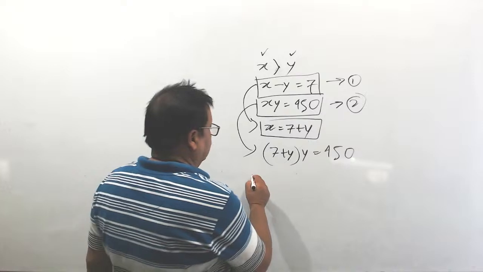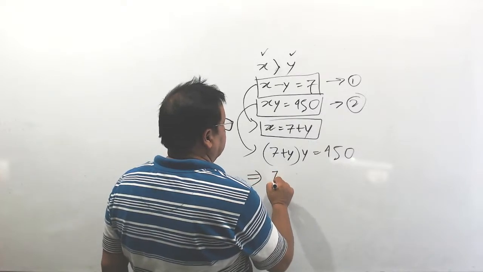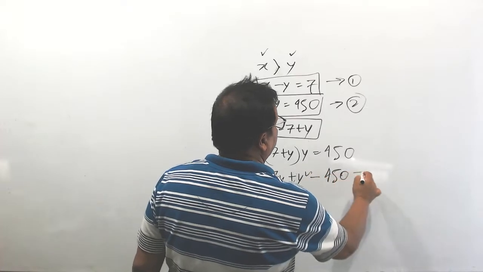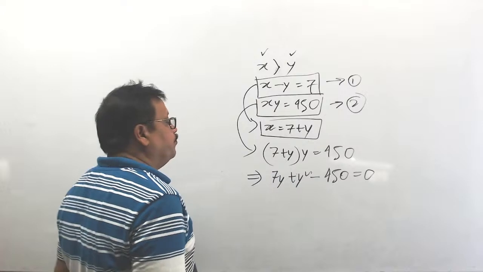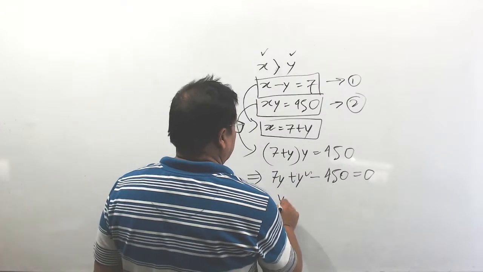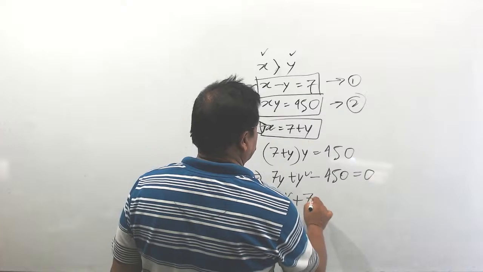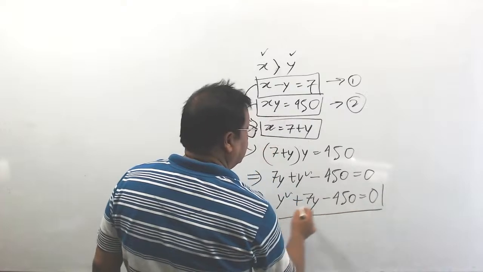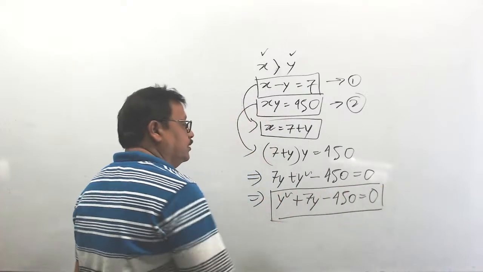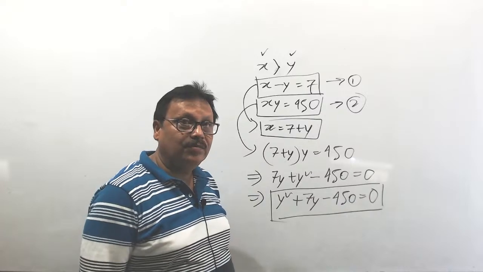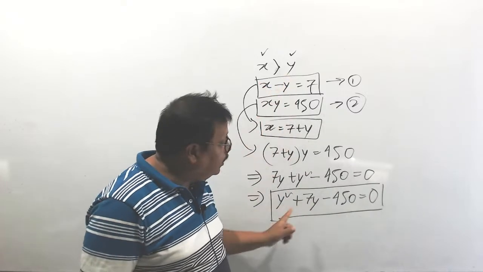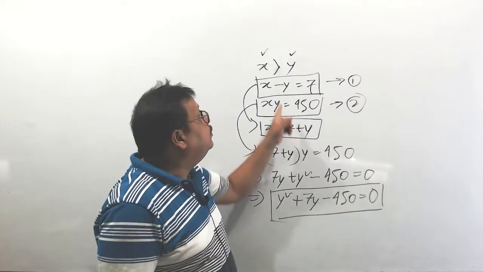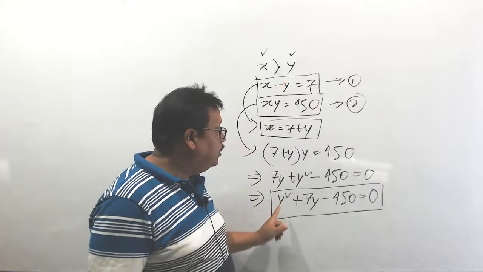This implies 7y plus y square minus 450 is equal to 0. This implies y square plus 7y minus 450 is equal to 0. This is the required quadratic equation. Understood? We converted the story into the quadratic form of a single variable y. Though we assumed two variables, we converted into a single variable.